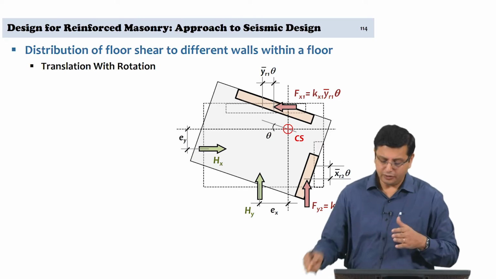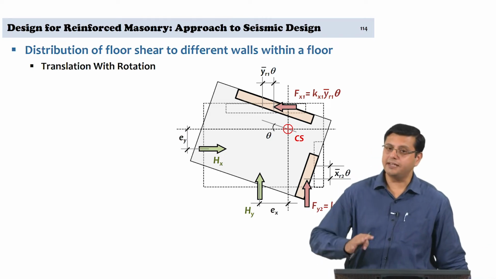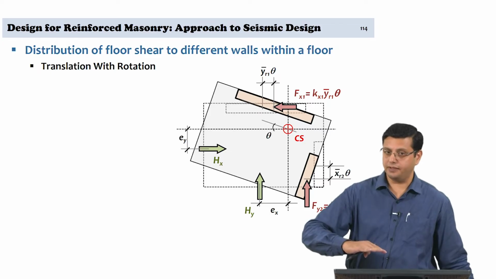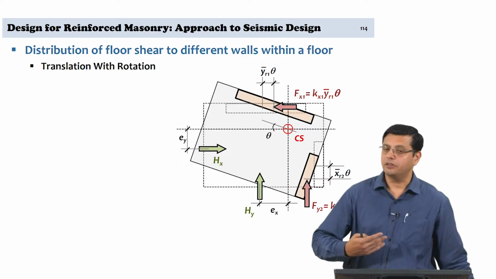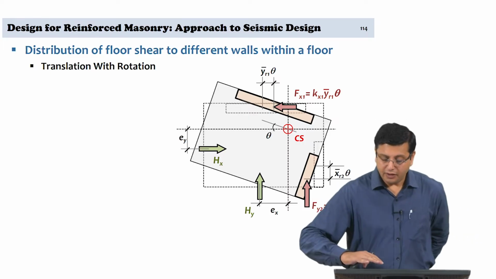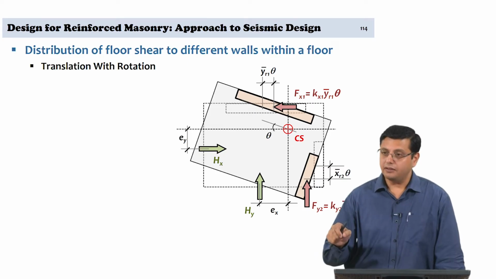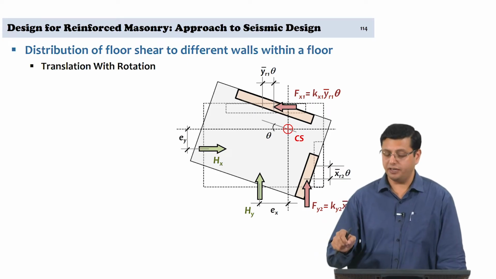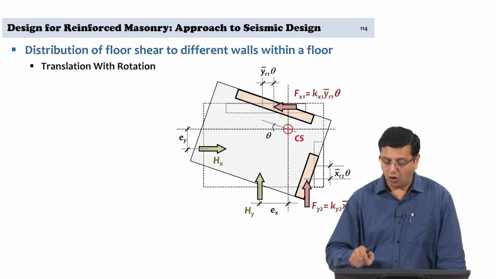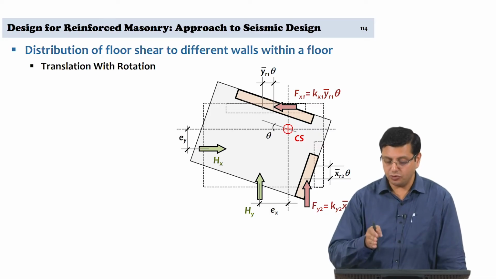Geometrically, if theta is the rotation at the center of stiffness due to the lateral force acting on the wall configuration, then you can define the component of shear force acting on wall 1 with respect to the centroid of wall 1.